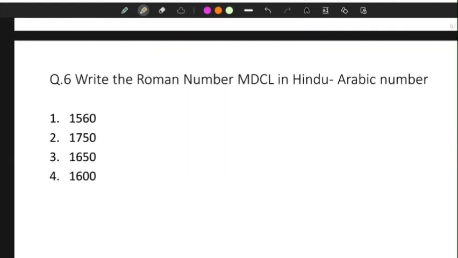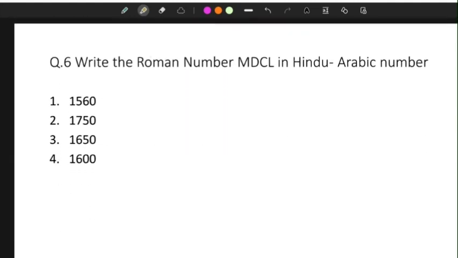Now here, write the Roman number. We have to write the Roman number MDCL as a Hindu Arabic number. So we have to understand what MDCL is first. Whenever we talk about the Hindu Arabic number, here V stands for 5, X stands for 10.